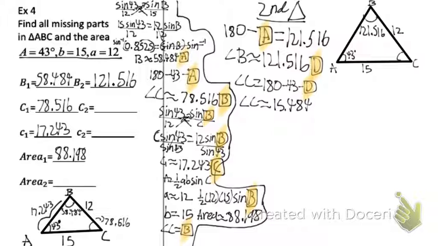So angle C2 equals 15.484. We'll save that as letter E.